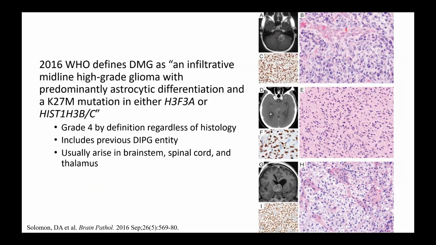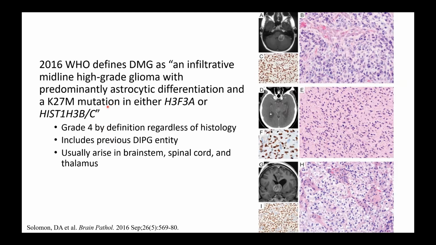One would not be terribly confused in most instances as to the grade or nature of these tumors, but occasional tumors that used to be referred to as diffuse intrinsic pontine gliomas, those that are diffusely expansile within the pons, can show lower grade histology. And it's worth noting that those are often histone driven as well. And irrespective of the histologic appearance, all of these tumors are grade 4.